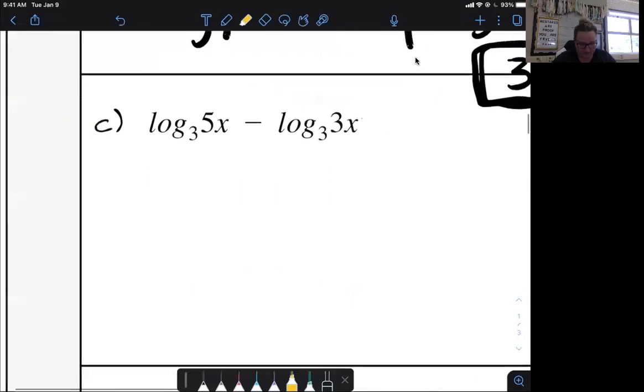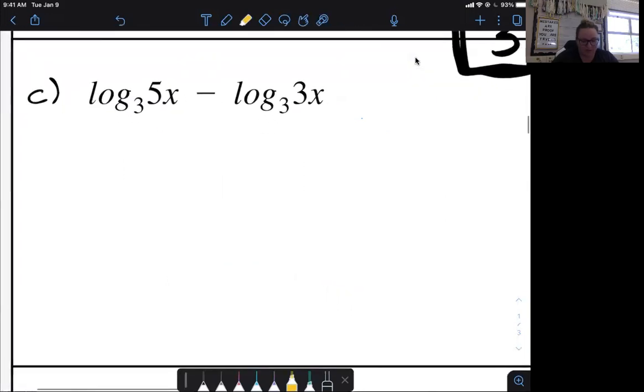All right, let's do part C. So part C, we have the log base 3 of 5x minus the log base 3 of 3x. So the first thing that we're going to do is, let's see, I have 2 logs. They have the same base. They're being subtracted. So this is the quotient property.